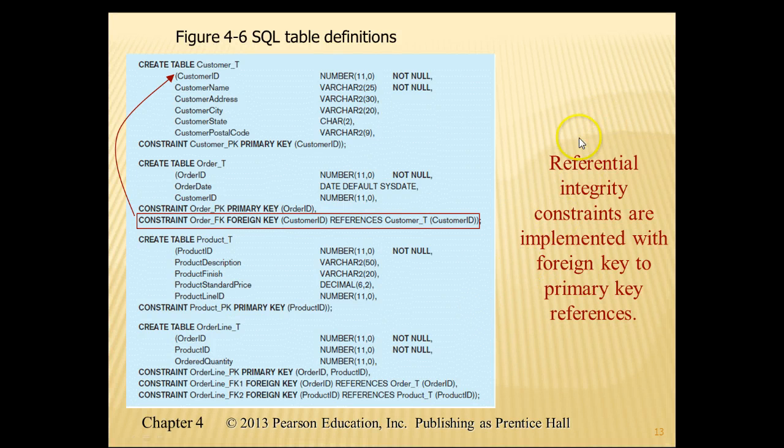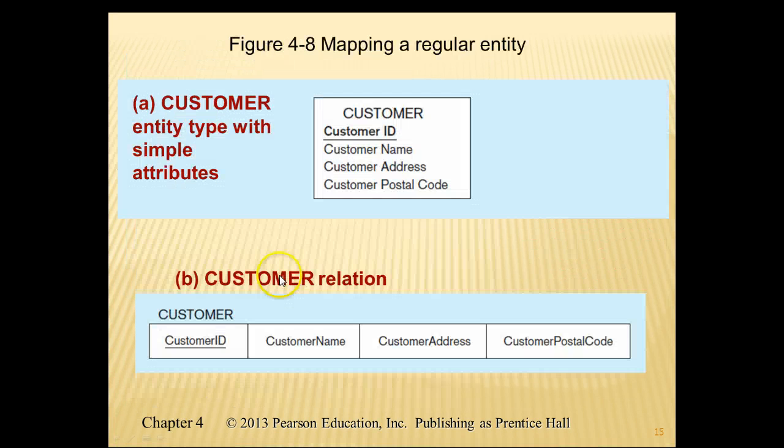And notice that the foreign key is the customer ID, which references the customer T table and the customer ID primary key. So study that very closely. There's also some similar referential integrity down in the create table, I'm sorry, the order line T table. So take a look at that and let me know if you have any questions.